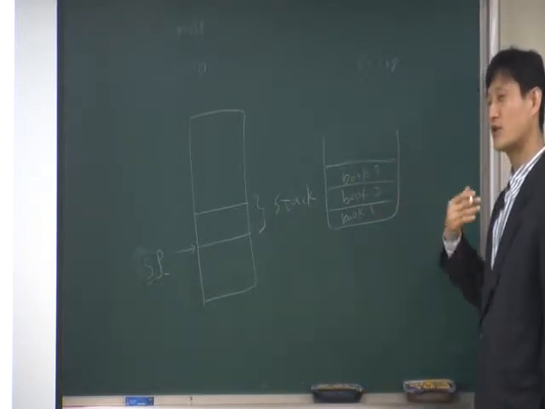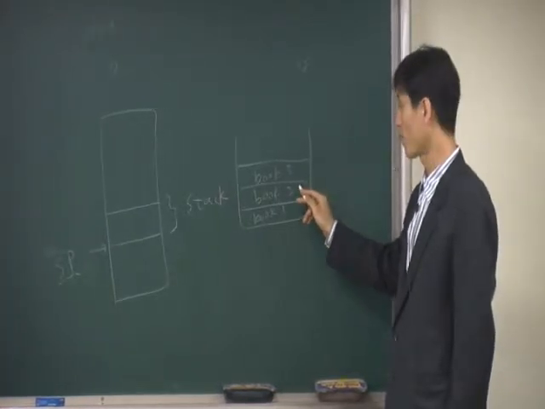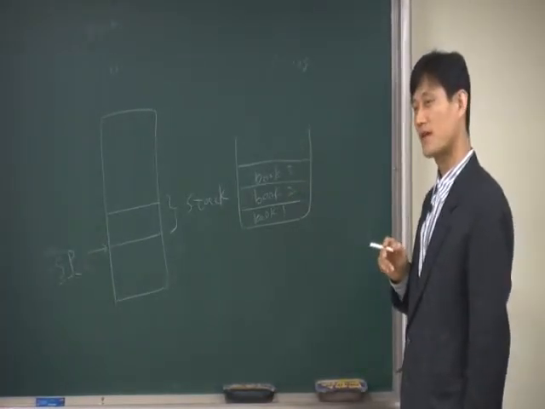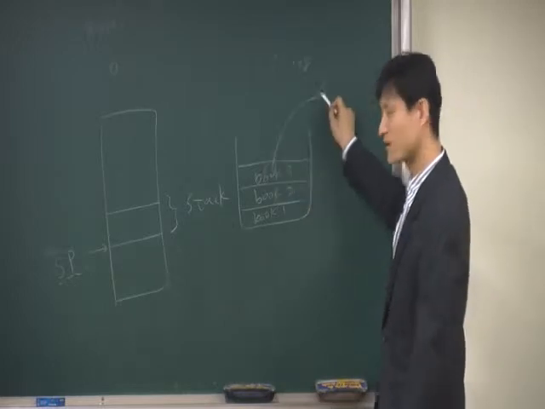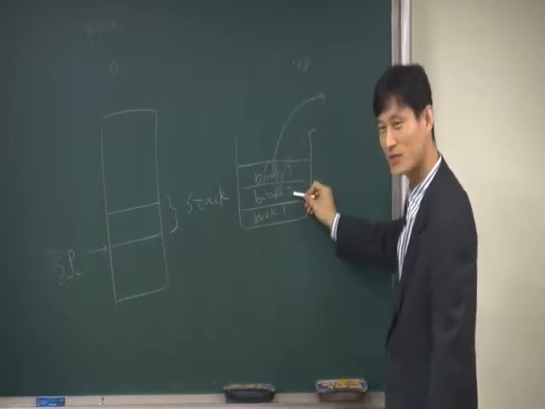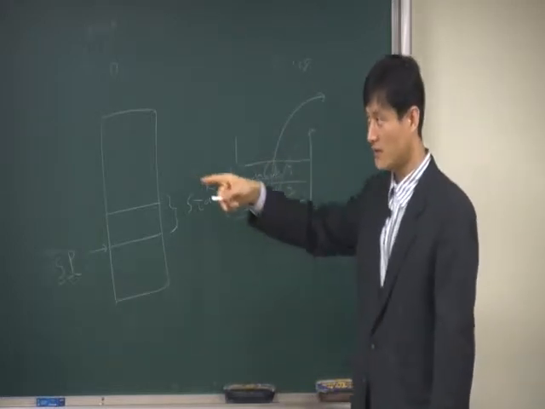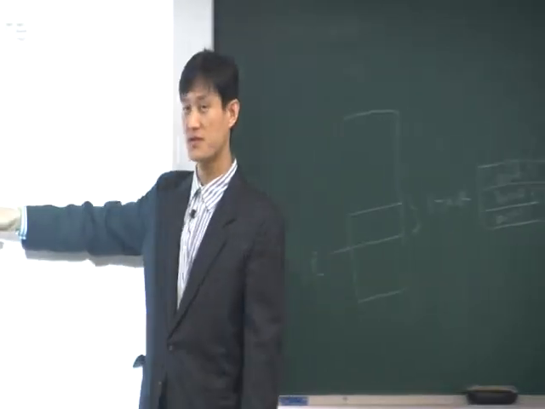Later, now I want to read the second book. What do you need to do? First you have to bring this out, and then you have to bring this out, right? You cannot go into this one directly. You first have to bring this one out, this one out. That's what they mean by last input, first output.